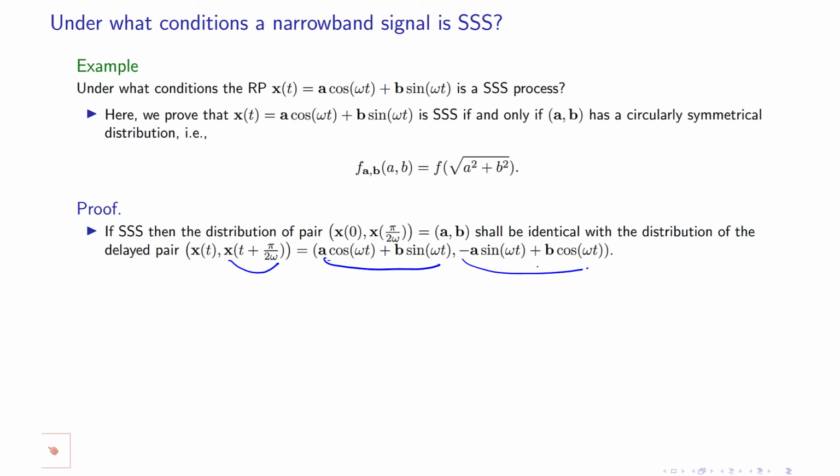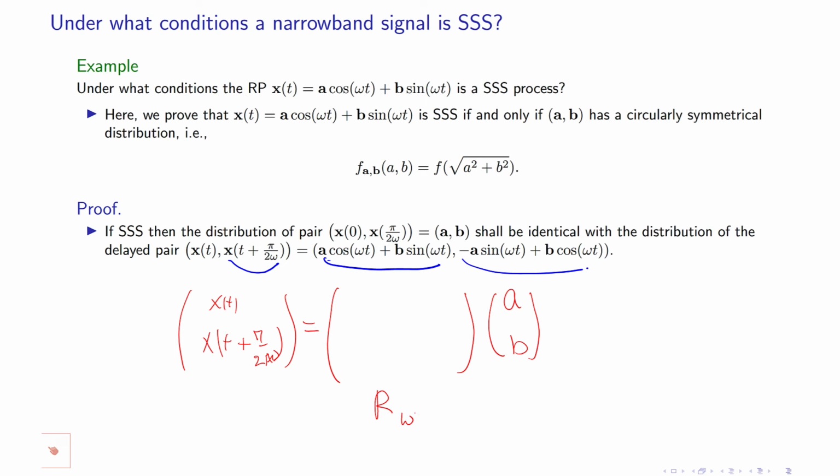What you could see is that this vector is related to A and B through a matrix which is just a rotation matrix, and this rotation is with the angle of omega t.